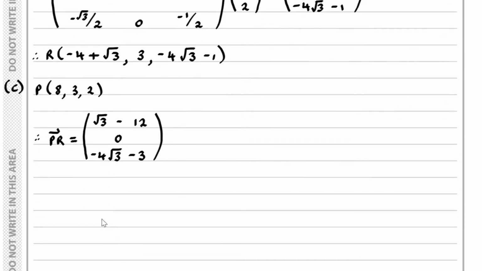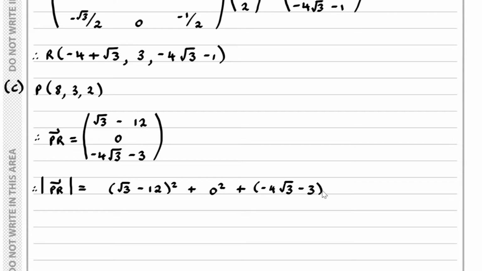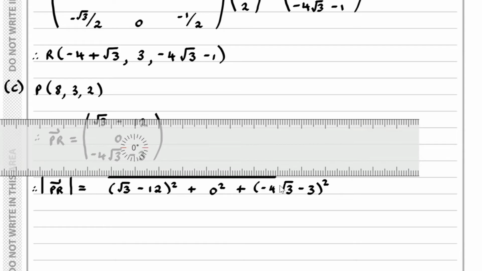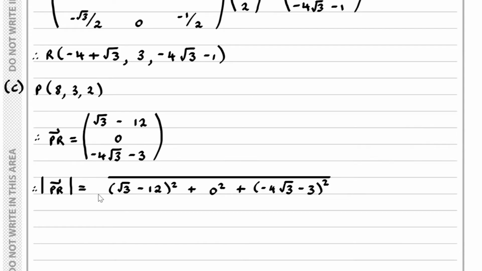And therefore, for us to find the magnitude of PR, if I work out what this is, I've got root 3 minus 12 all squared plus 0 squared plus minus 4 root 3 minus 3 squared, and then it's square rooted.